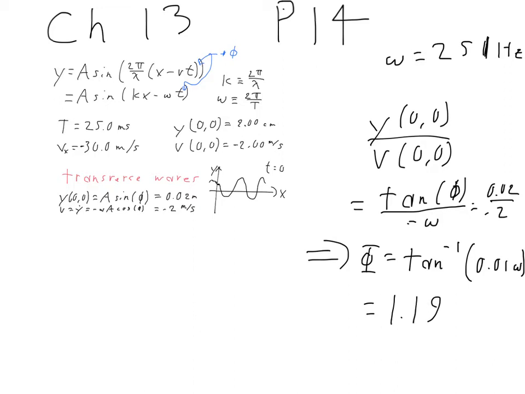So with this as our phase constant, and we'll find that any other solutions are just going to be repetitions of this, fortunately, if we plug that in for our y0 position, our amplitude times sine of our phase constant is supposed to equal 0.02 meters.